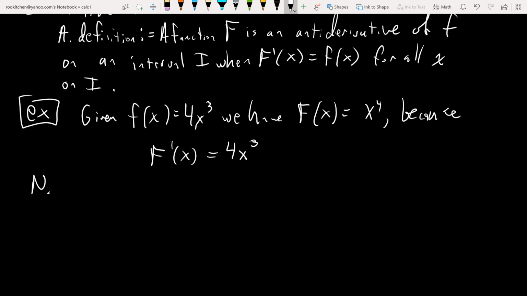So note, in general, this antiderivative you could put a constant on it and it'll still work.